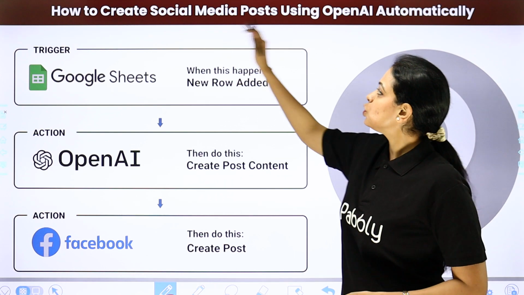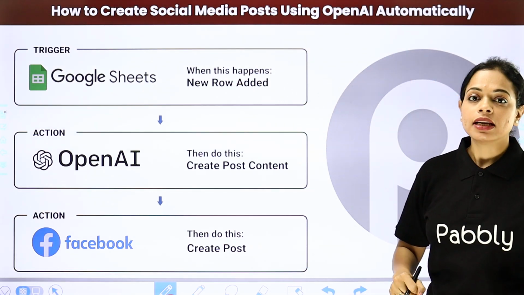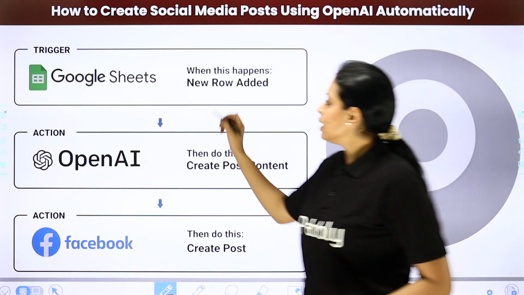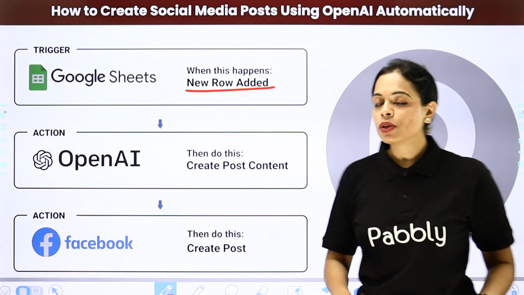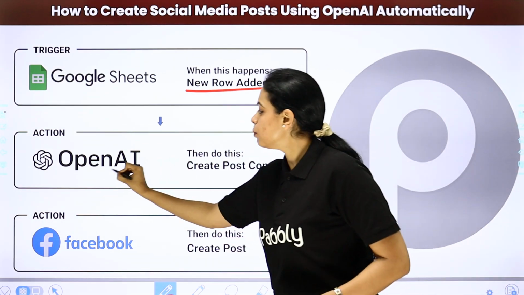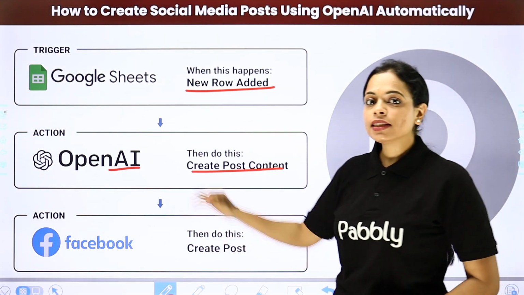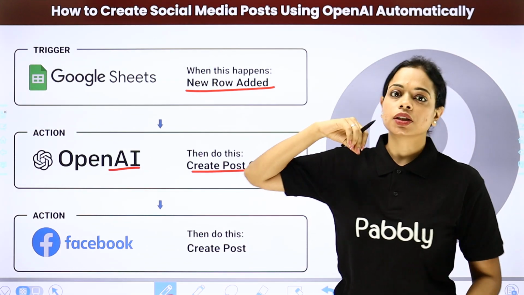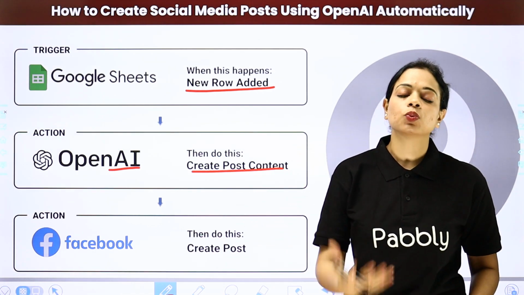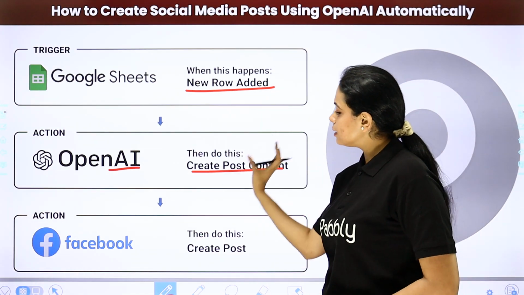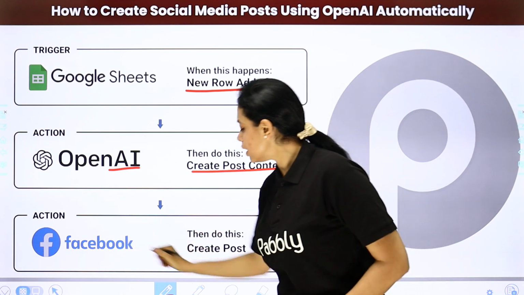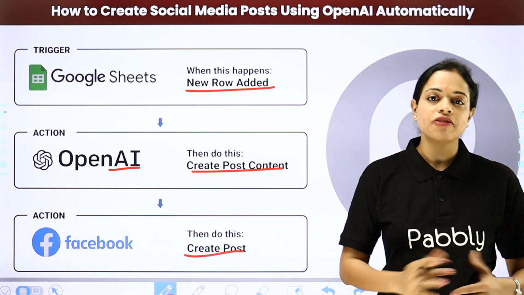So how to create a social media post using OpenAI. If you want to create a post, let's say that in your Google Sheet a new row is added. With the help of OpenAI, you have created the post content. So let's say the title was about new ways to interact with the user. With that title, the post has been created and now you have created the post on Facebook.